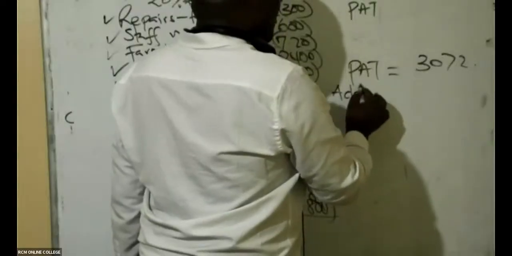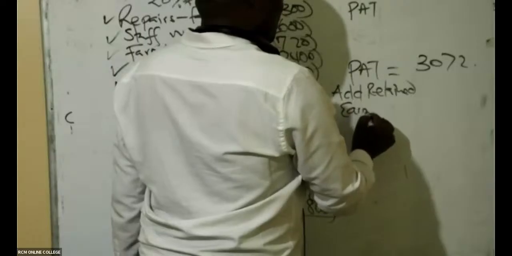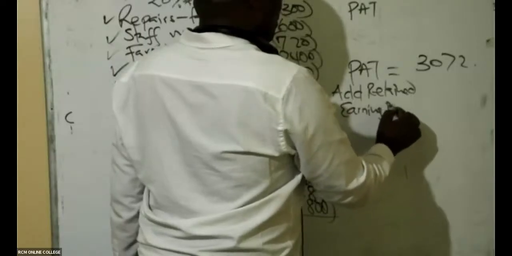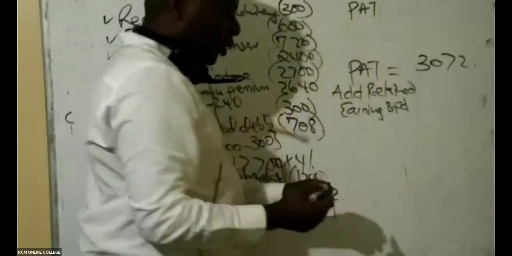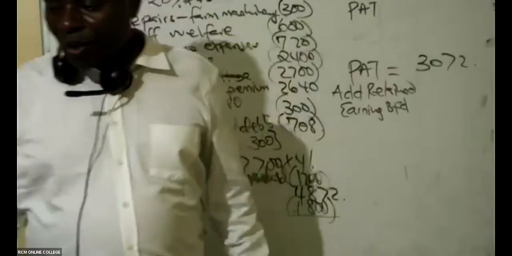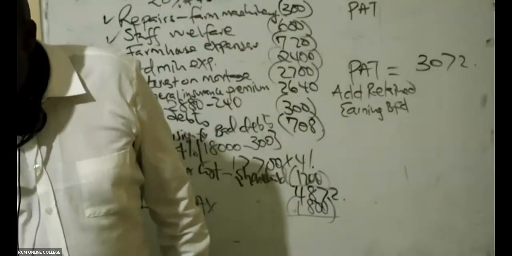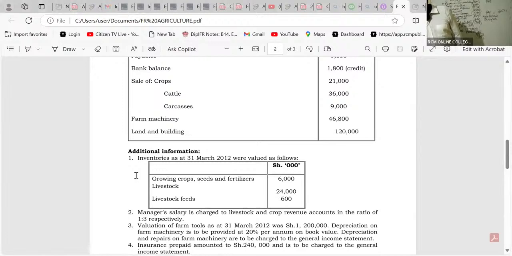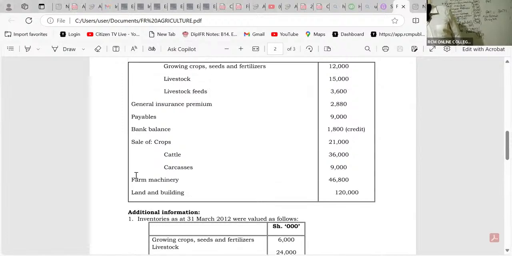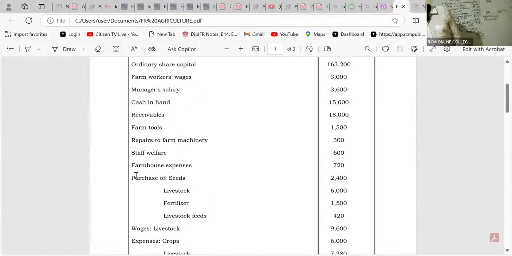Come and add retained earnings brought forward, so that you can take it to the balance sheet. Retained earnings brought forward at the beginning of the year. Is there someone who can see this retained earnings brought forward from the trial balance?